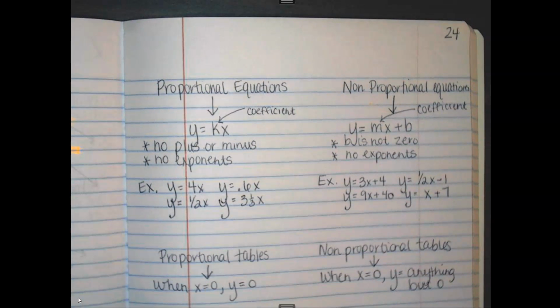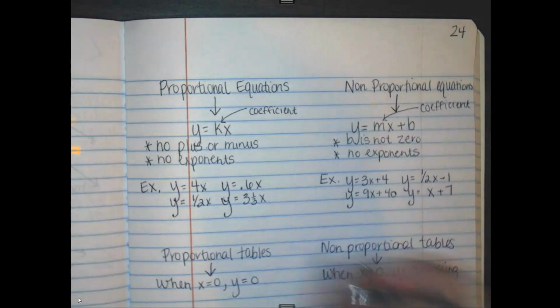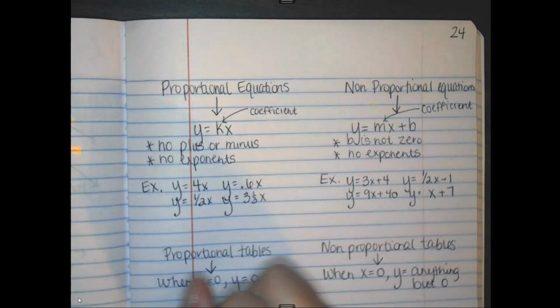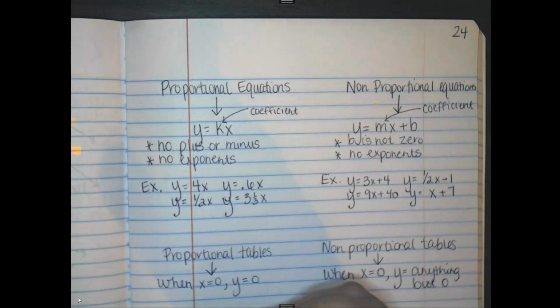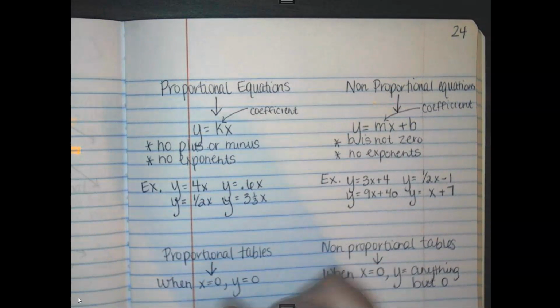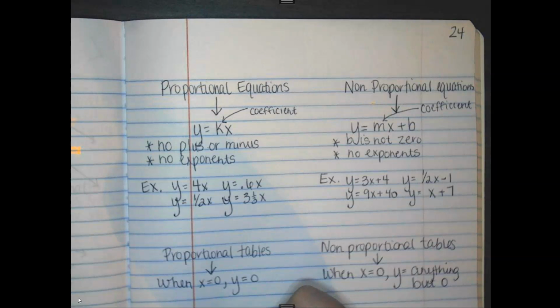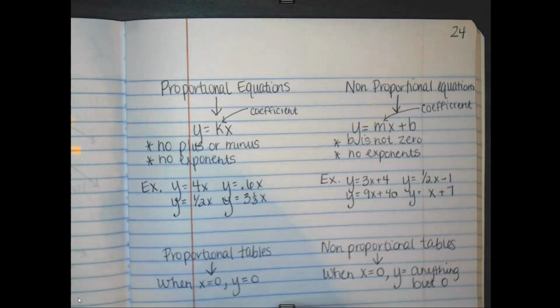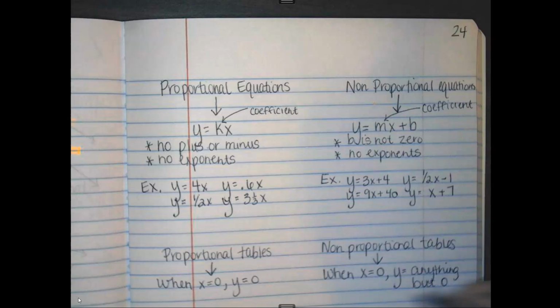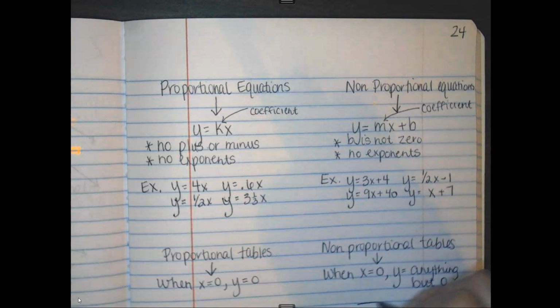So we're going to draw 2 tables. These be 6 lines. This one's also going to have 6 lines.